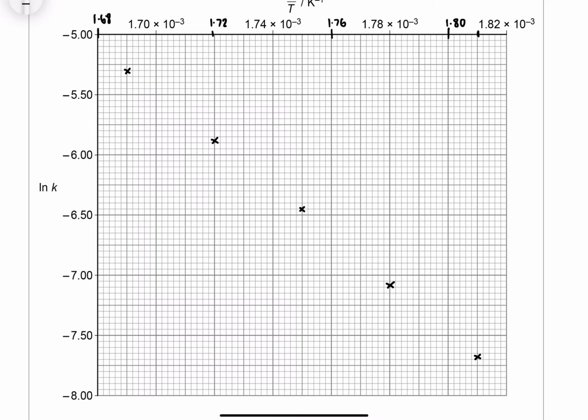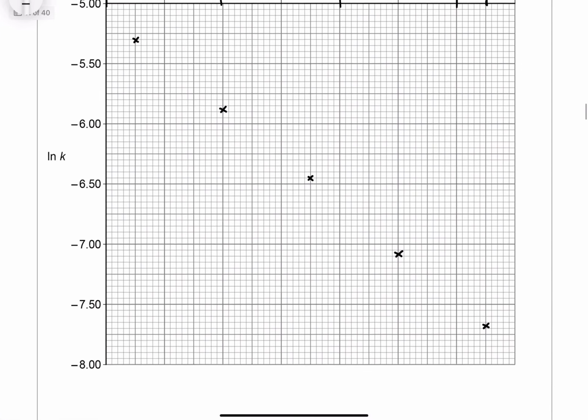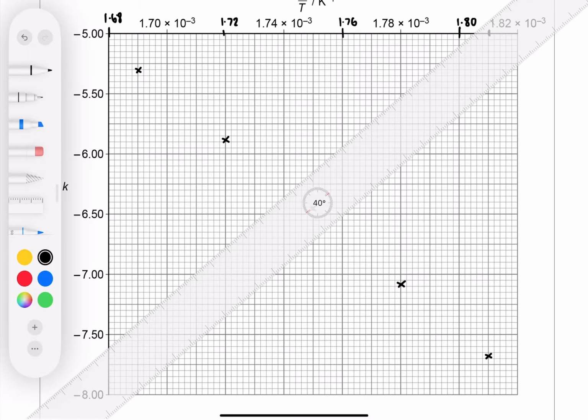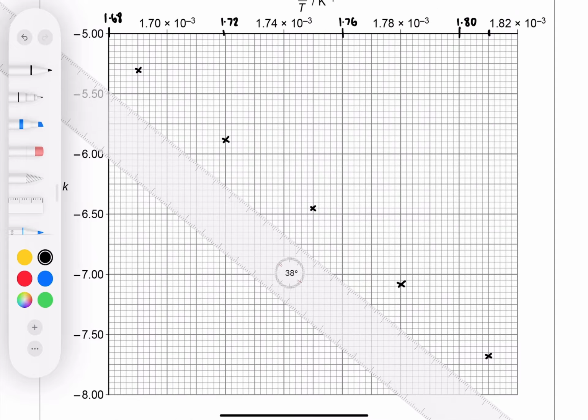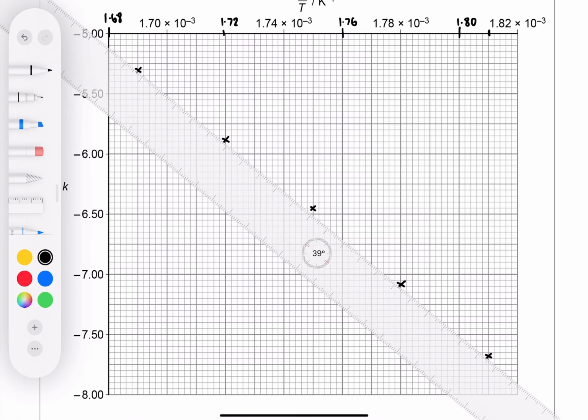So the next thing we need to do is draw a line of best fit through them. So again, taking a ruler, and trying our best to equal points above and below the line if we can't get them on the line.